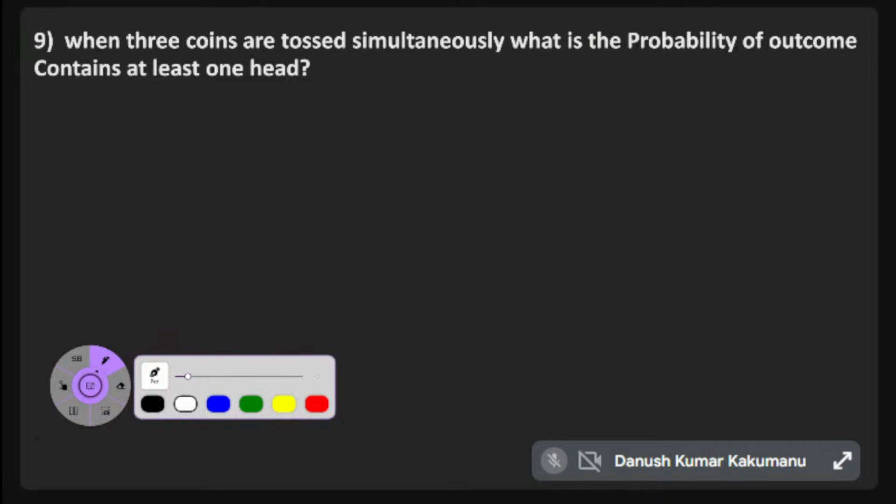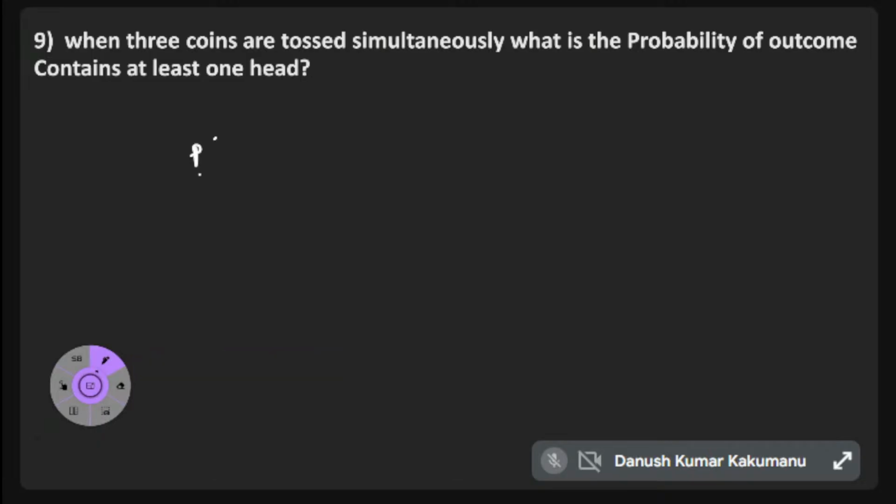So is this completed, this question? What is the answer? When 3 coins are tossed, what is the probability of outcome contains at least one head? At least one head.